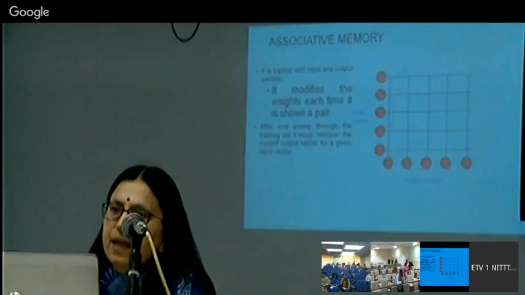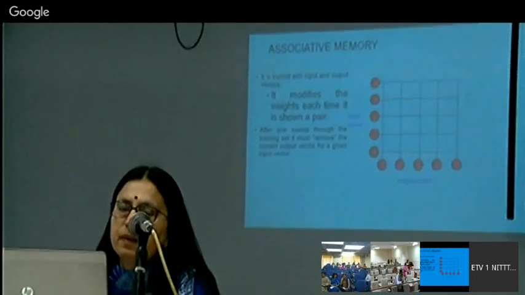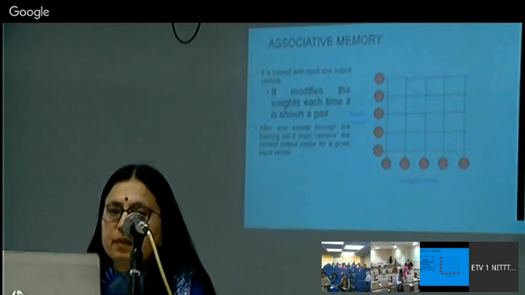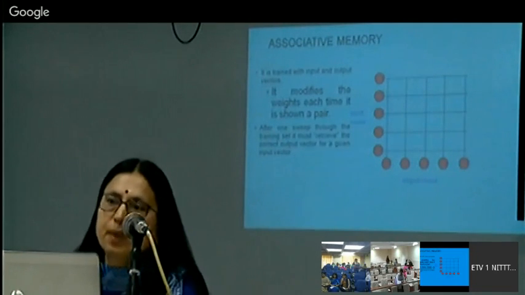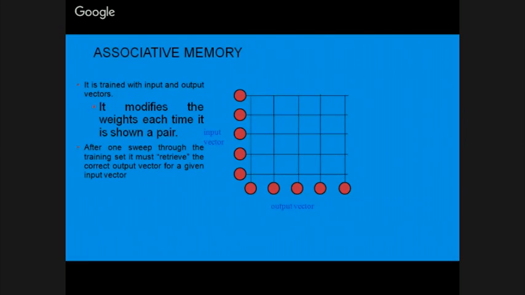Then we take the next input-output vector pair and find the contribution of the next pair to the weight matrix, then next, and so on. So one by one, we evaluate the contribution of each input-output vector pair to the weight matrix, and finally we get the weight matrix which has taken into account all the input-output vector pairs.